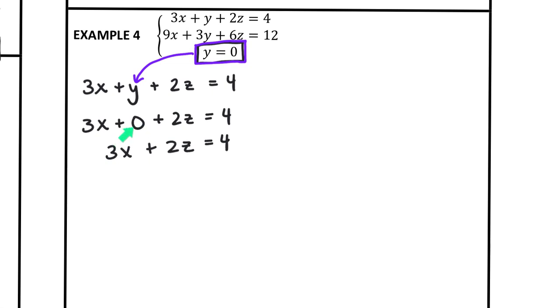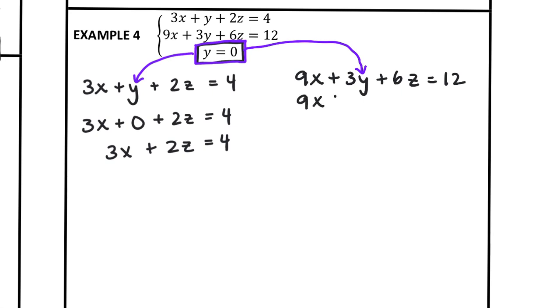Because anything plus 0 is just the same thing, right? So now let's write the second equation on the other side. And then let's substitute y with 0.